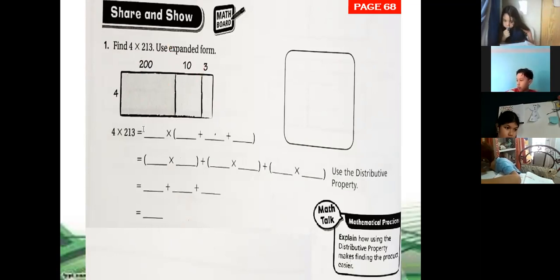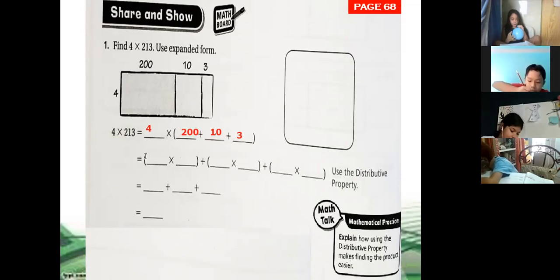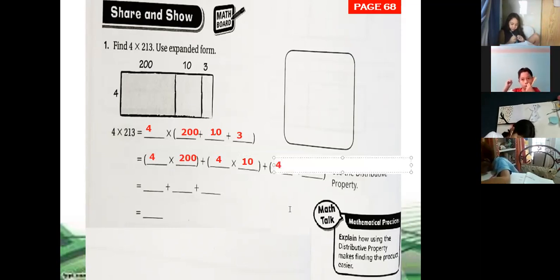So 4 times 213 equals 4 times 200 plus 10 plus 3. Using the distributive property, we multiply 4 times 200 plus 4 times 10 plus 4 times 3.